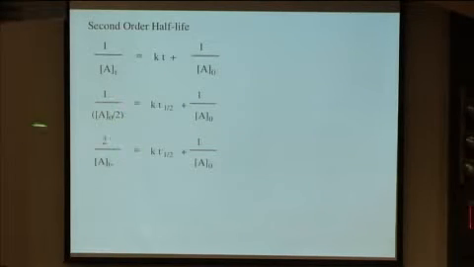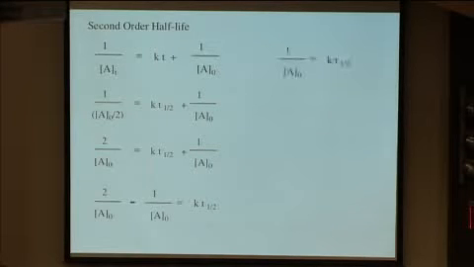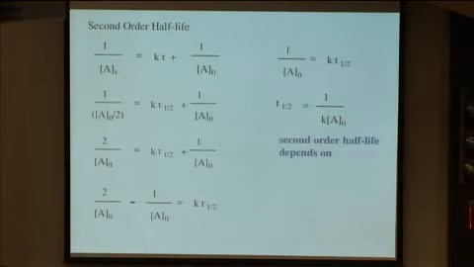We can bring the 2 up here, and combine our concentration terms on the side. We take the 2, bring this over, minus 1, and that simplifies to 1 over the concentration of the original material here. And now we can solve in terms of the half-life. So the half-life for a second-order process equals 1 over K times the original concentration of the material.